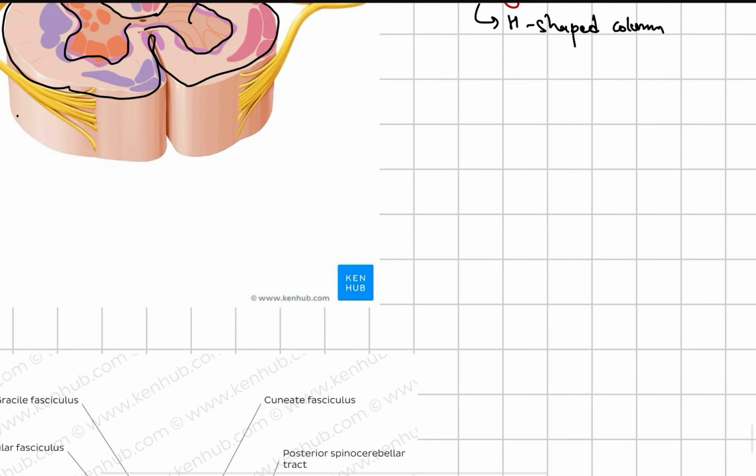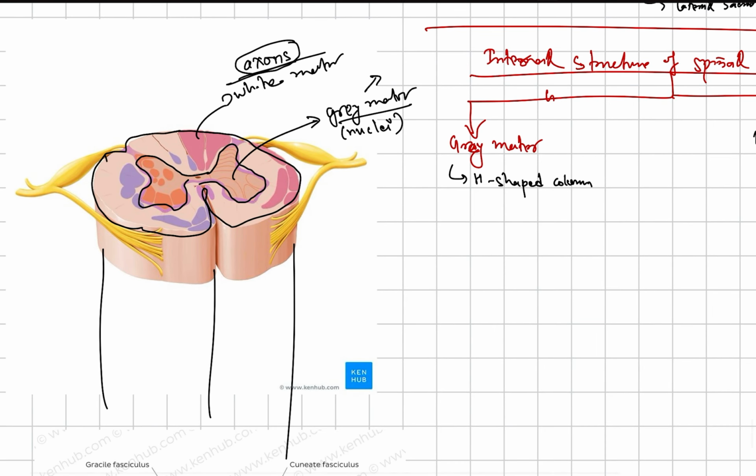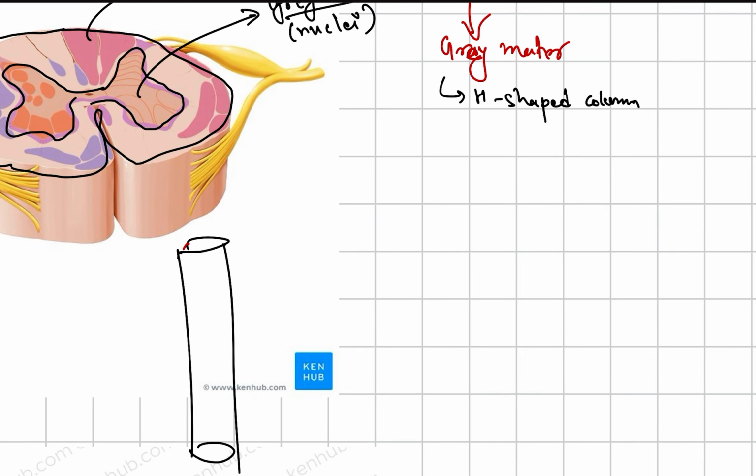When we draw it downward and upward, in the whole spinal cord there is an H-shape.